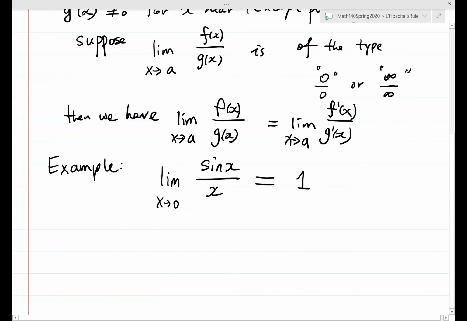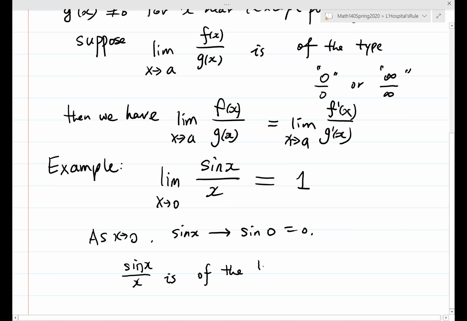If we apply L'Hopital's rule directly, you check as x approaches 0, sine x is continuous, so it approaches sine 0, which is 0, and the denominator x approaches 0. So sine x over x is of the type 0 over 0.